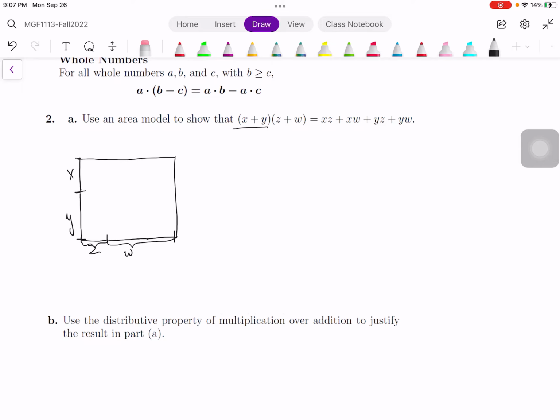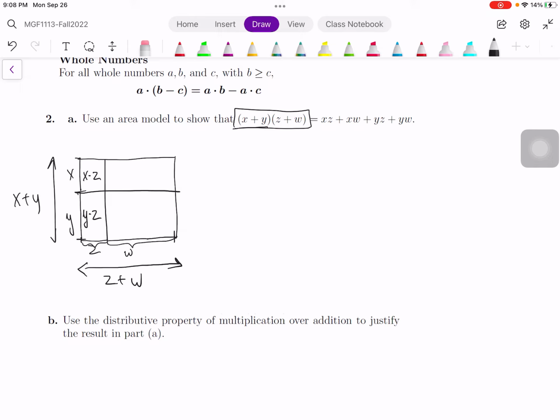So I have the rectangle, the left hand side, right? I can demonstrate that this left hand side is a rectangle whose height is x plus y and the width is z plus w. But then we know we can partition it into 4 rectangles, this one being x times z, this one being y times z, this one has height x but width w, and this one has height y and width w.